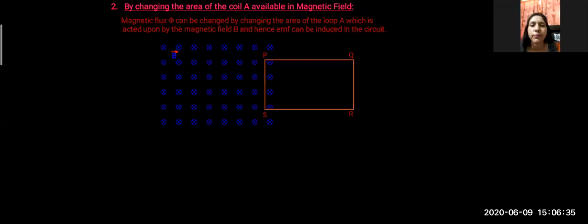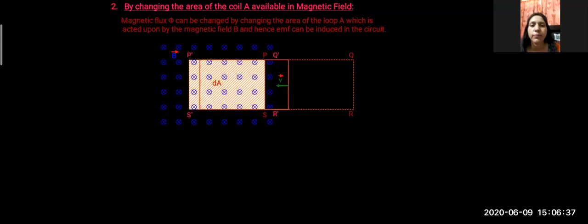This conductor is moved from P to P dash, S to S dash. Let P dash, P, S, S dash represent a new conductor in the magnetic field.